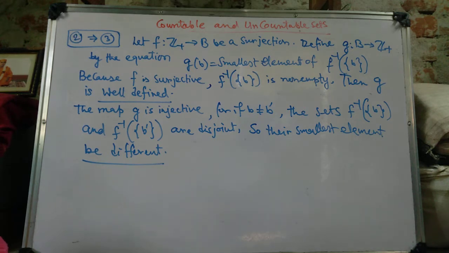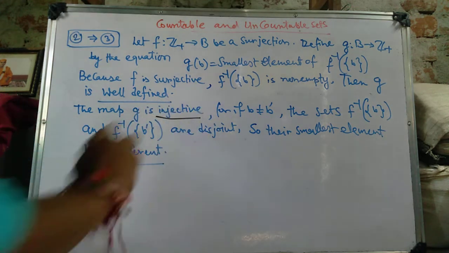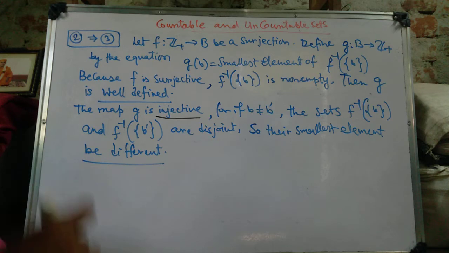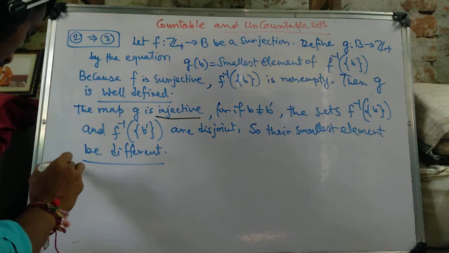Thus their smallest elements are different. Then we get a map g from B to Z plus which is injective. Okay, then we go further to the proof of 3 implies 1.